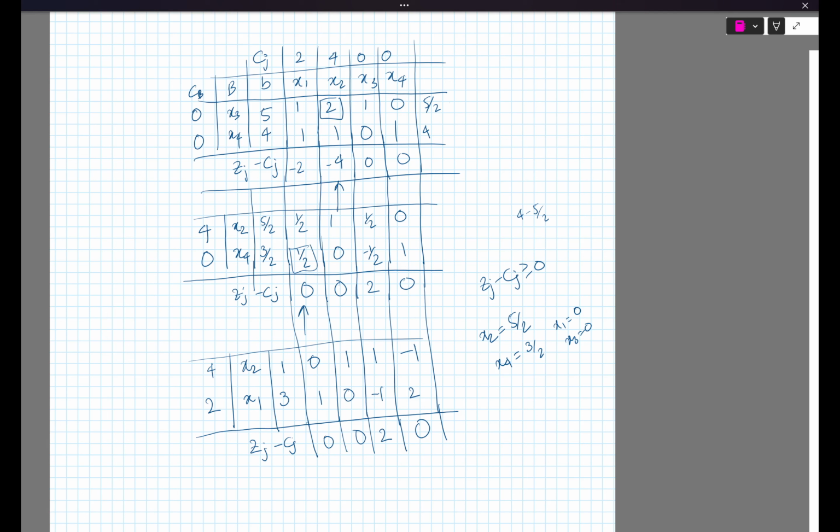So it says we can again make x4 and so on. So this is an infinite solution. We got one more solution, that is x2 equal to 1, x1 equal to 3, and x3 equal to 0, x4 equal to 0. So basically if you take any convex combination of these, that will also be a solution. So that's why there are infinite solutions.